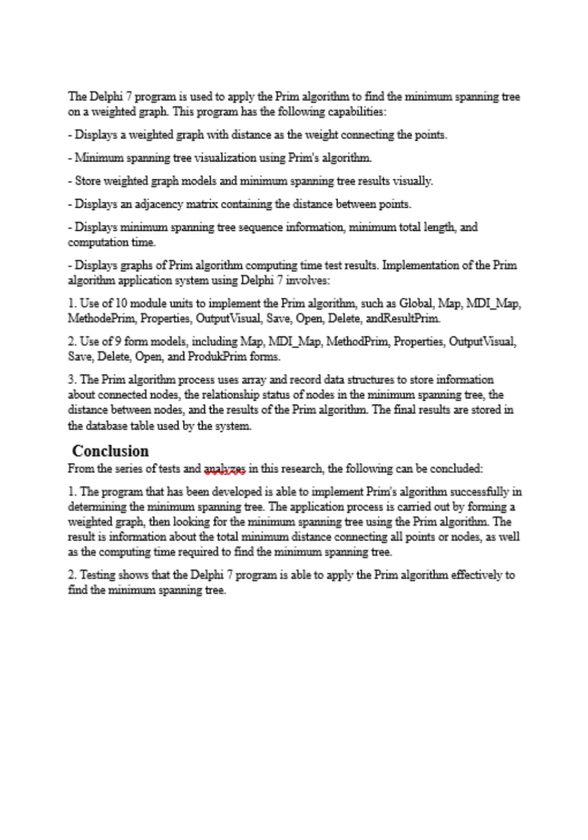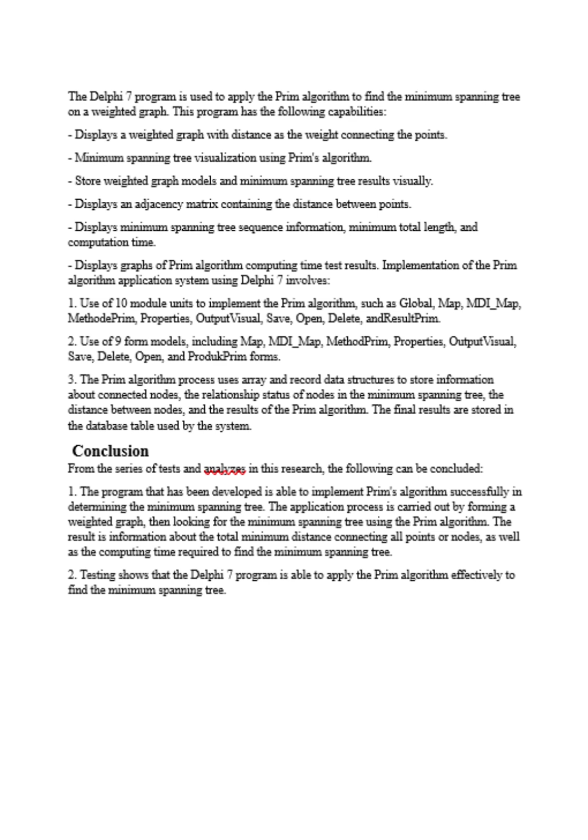Results. Implementation of the PRIM algorithm application system using Delphi 7 involves: 1. Use of 10 module units to implement the PRIM algorithm, such as global, map, MDI_map, method PRIM, properties, output visual, save, open, delete, and result PRIM. 2.